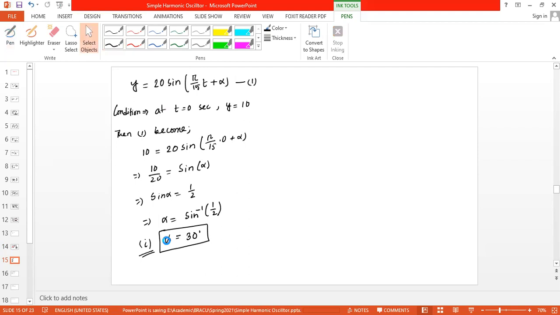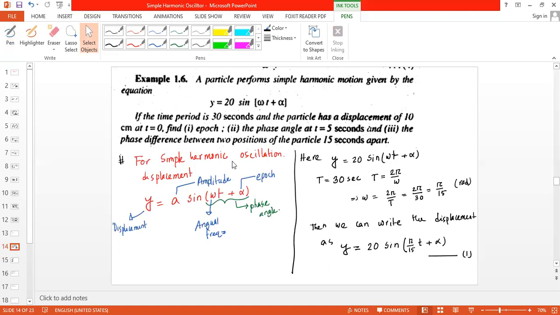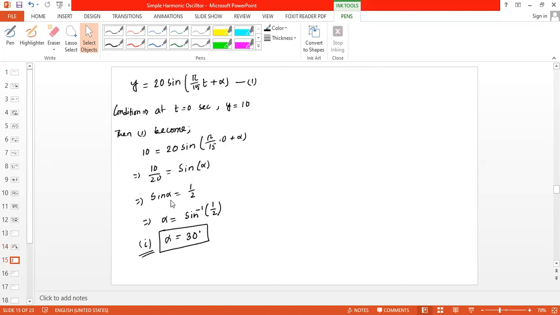Is it clear? And then in the second part, what are they asking for? They are asking for the phase angle at time t equal to 5 seconds. Now see here, we know that the value of alpha equal to 30 degrees.